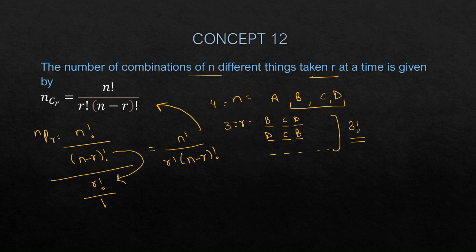But we do not need this. In combination, the order or the arrangement does not matter. What matters is selection. That is the reason why we divide by r factorial. So this whole formula gives us just the ways of selecting and not the ways of arranging.